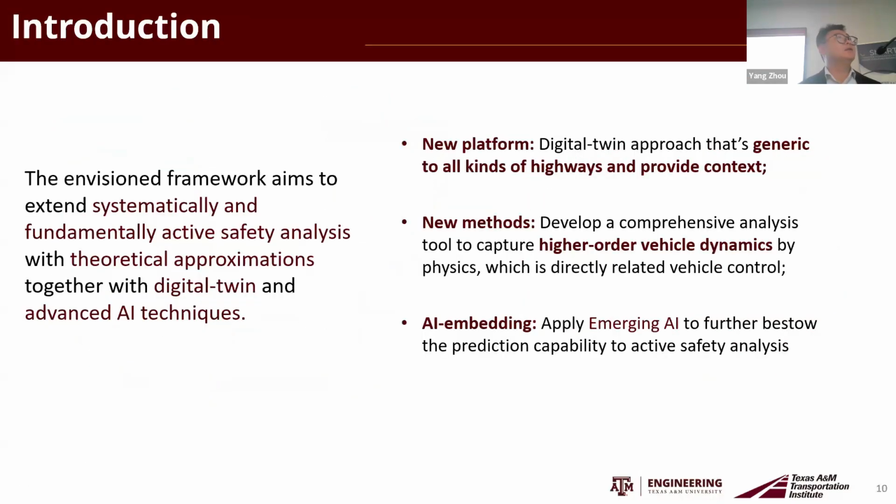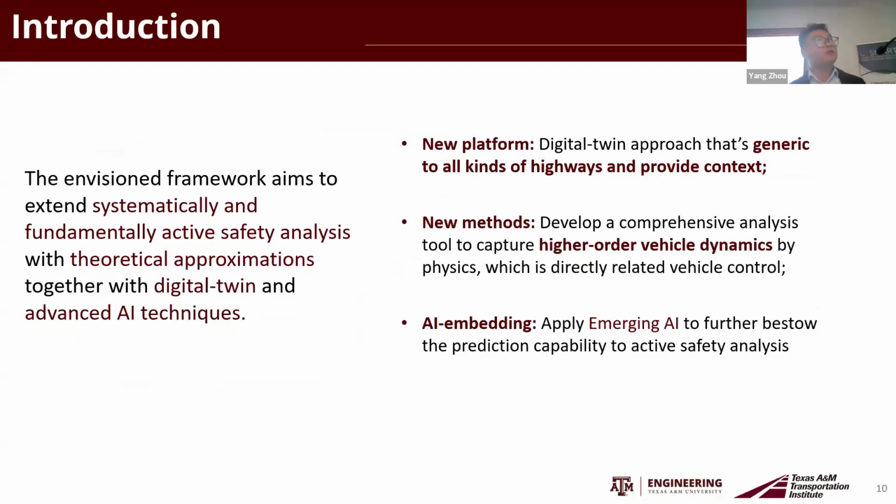So in this sense, what we are trying to do is to extend active safety analysis systematically and fundamentally with theoretical approximation together with digital twin and advanced AI techniques. We aim to build a new platform, essentially a digital twin approach that's generic to all kinds of highways, to provide the essential context.